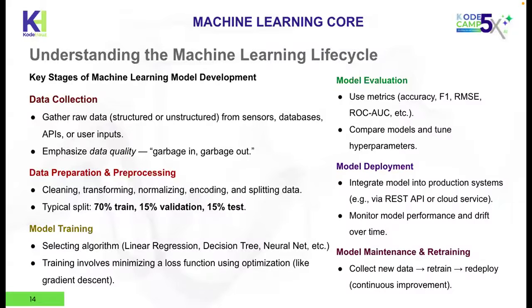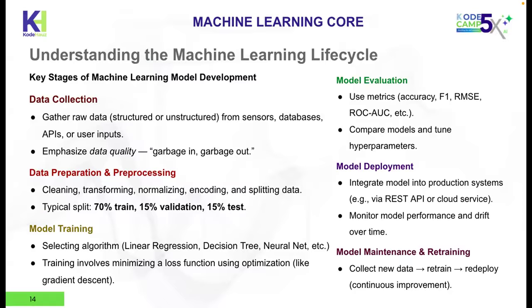We need to understand that process. So last week I talked about the stages of machine learning, the model development. We start with data collection, then data preparation and pre-processing, then model training, which is what we'll do today, and then model evaluation, and then model deployment, and then model maintenance and retraining.